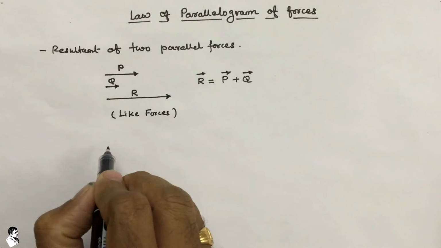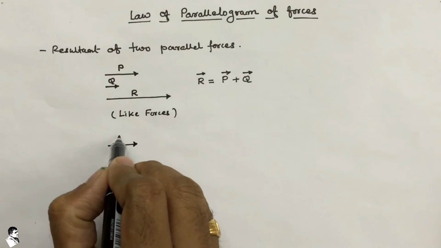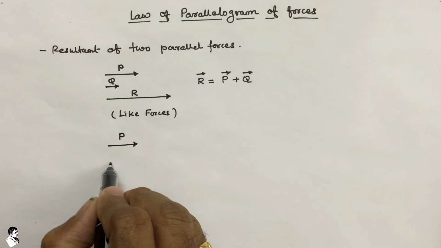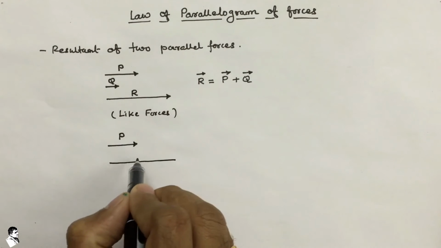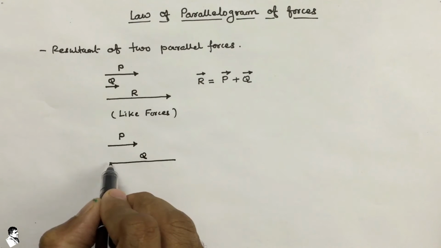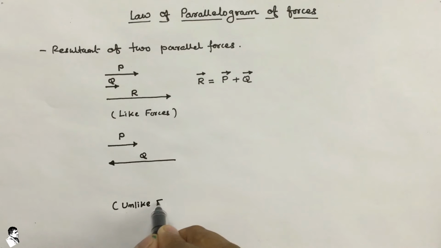Now we take a second system, where again we have force number 1, that is P, and another force, force Q, a little bit bigger than P, but in a different direction. So we write here, these are unlike forces.